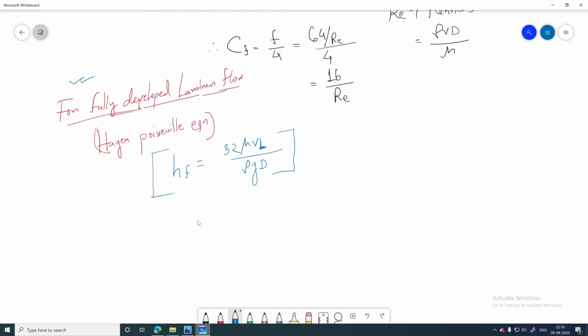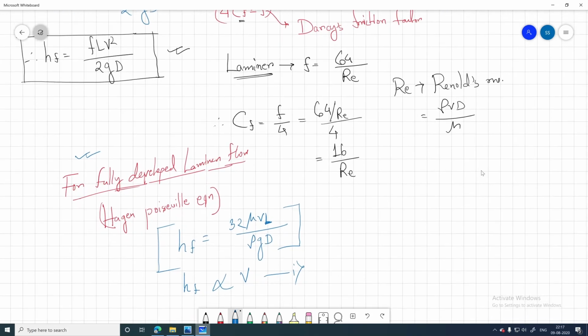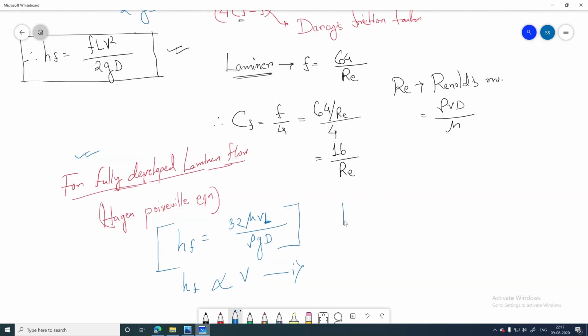Okay, that means here HF is directly proportional to the mean velocity. But as per the Darcy-Weisbach equation, the equation that we have derived, what is that equation? HF equals f L V square by 2 g d.